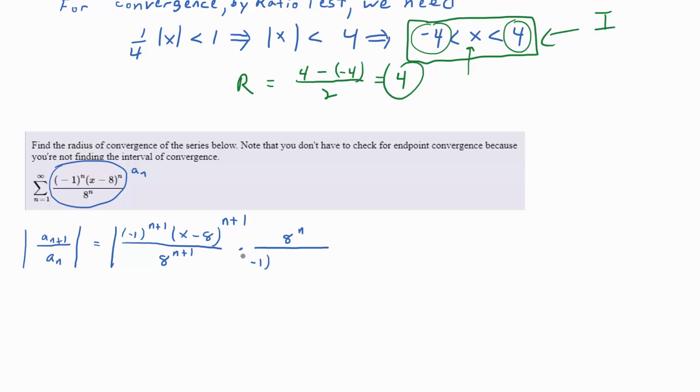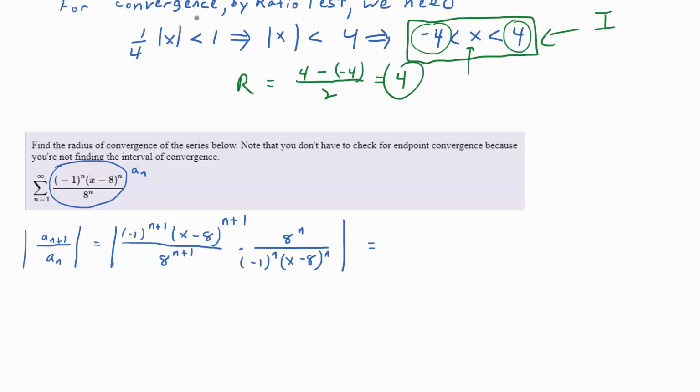And then -1 to the n, x minus 8 to the n on the bottom. Now we're going to want to simplify. So again, I'm going to leave the -1 to the powers out, because the absolute values break up over multiplication and division, you can pull out those -1s to the power, take the absolute value, and you get 1. So they're gone. We're not going to mess with them.